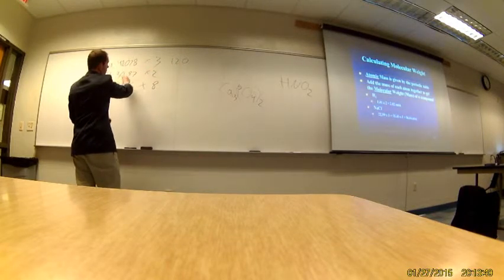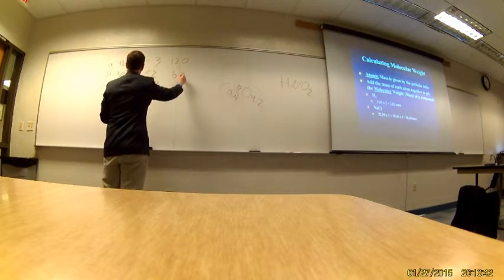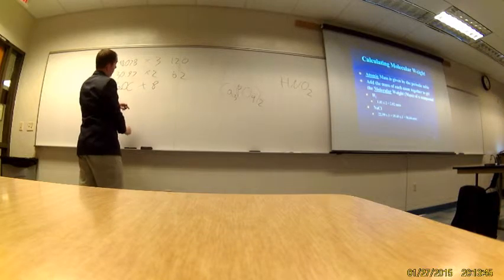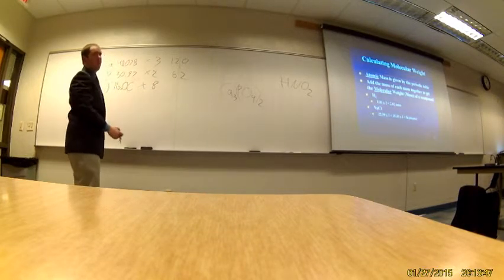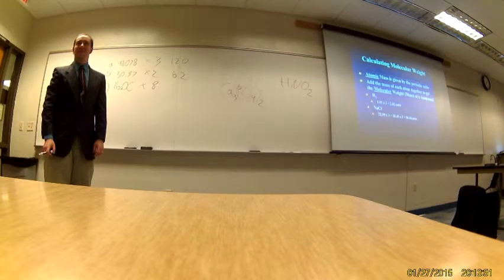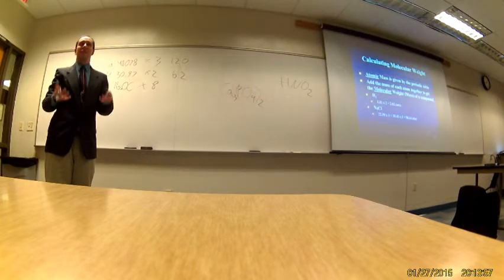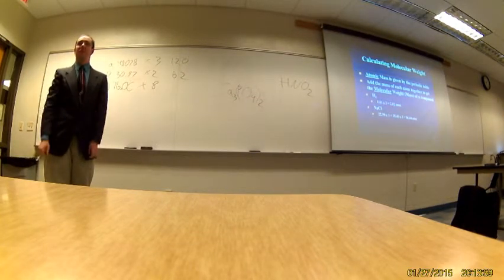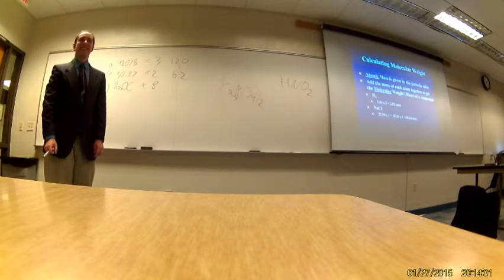Then you have 31 times 2 is 62, 16 times 8 is 128. I was trying to avoid doing it in my head, so I turned to people with calculators and you all tried to do it in your head. 128. Is it 128?